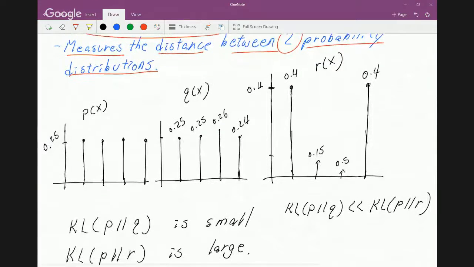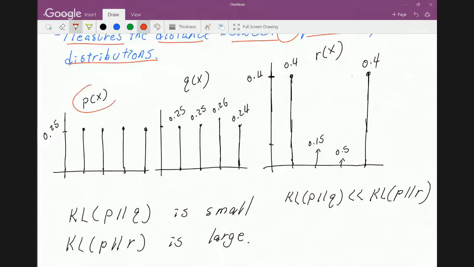Like for example here, if you look at P and Q, the KL divergence between them should be very, very small because they look very similar to each other. On the other hand, if you look at P and R, now obviously their KL divergence or their distance will be a lot larger.